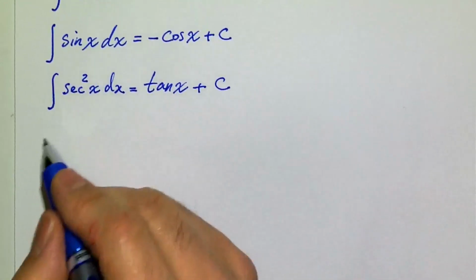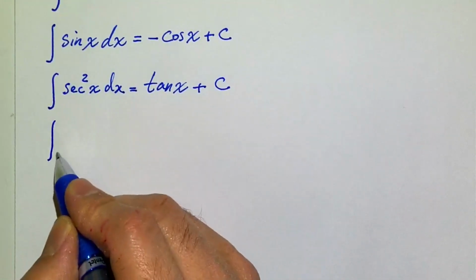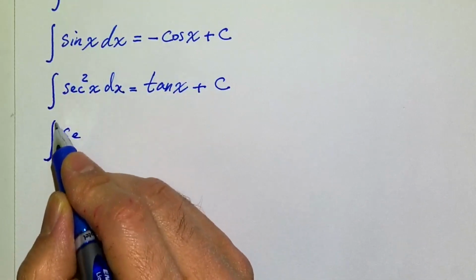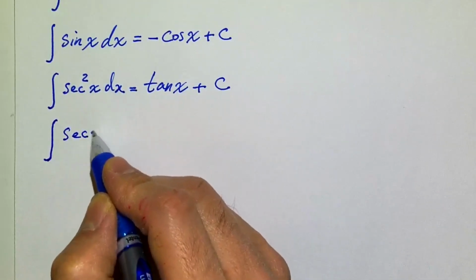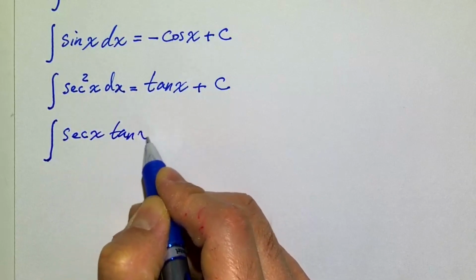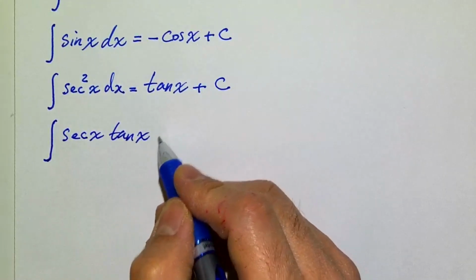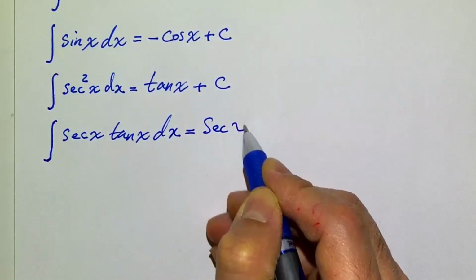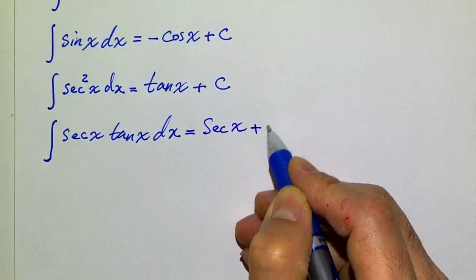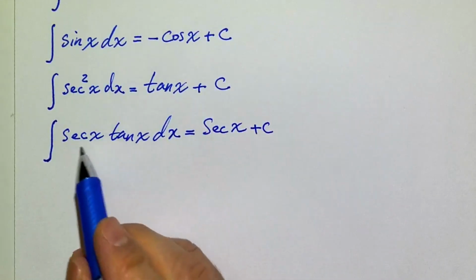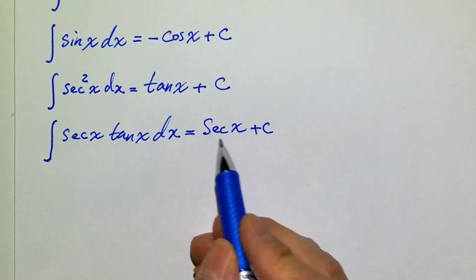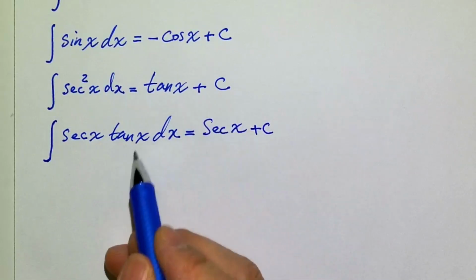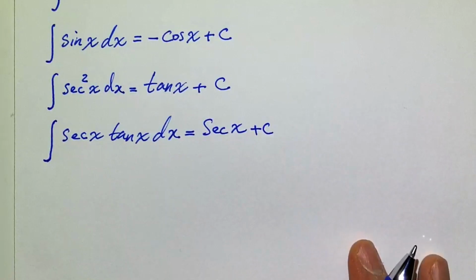The next formula is the integral of secant x tangent x dx, which is equal to secant x plus c. So all of that has the antiderivative secant x, and vice versa. The derivative of this is secant x times tangent of x.